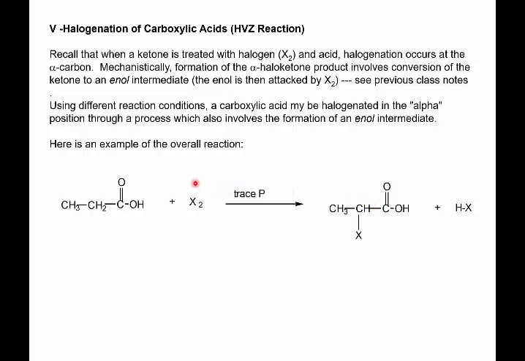Now, to put this in context, we have looked at other halogenation reactions. One that might compare with this is that if you have an alkene, you can do halogenation in the so-called allylic position. That's the carbon directly attached to the alkene.